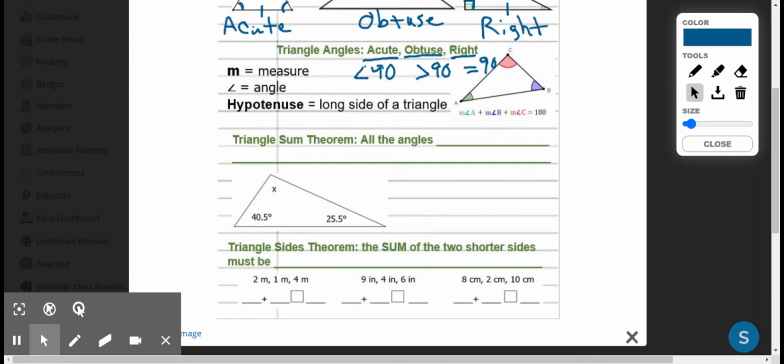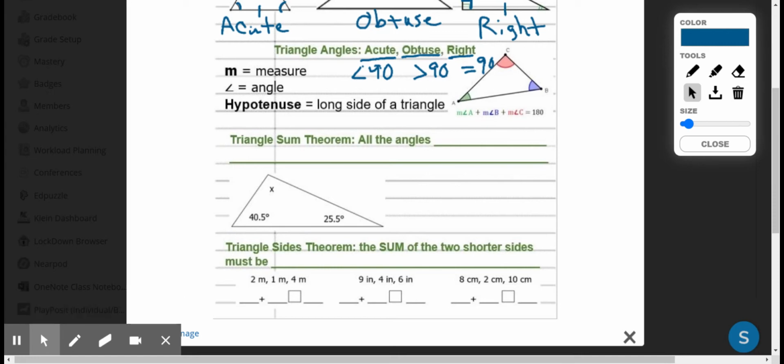So just a few things to note as we go into triangle concepts. Whenever we see the symbol M, that means it is going to be a measure, so the measure of the angle. And this little symbol here just means that it is measuring the angle.